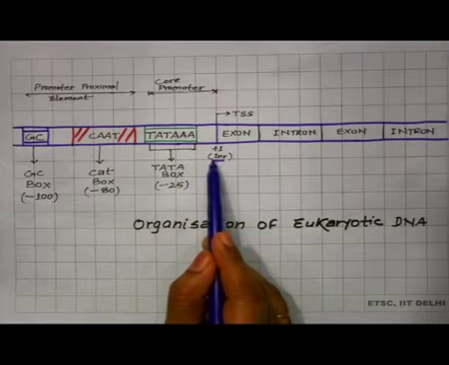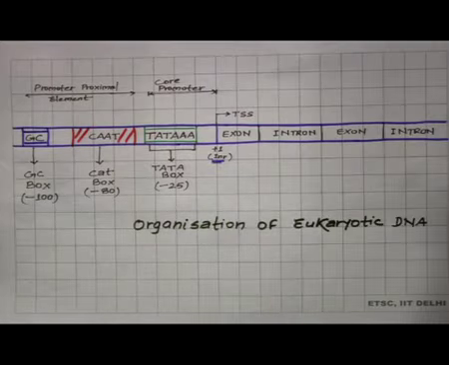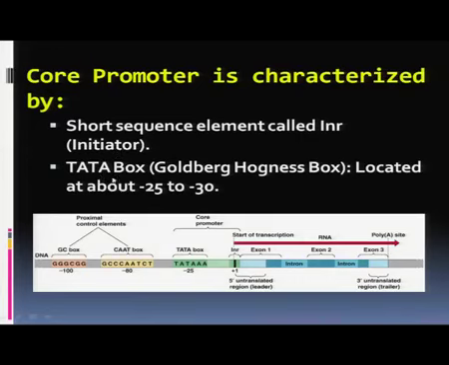Here is the initiator, which is given as +1 because the transcription will begin from there only, and upstream of this initiator a TATA box is there, also known as the Goldberg-Hogness box. This TATA box is located at about -25 to -30 from the transcription start sequence.